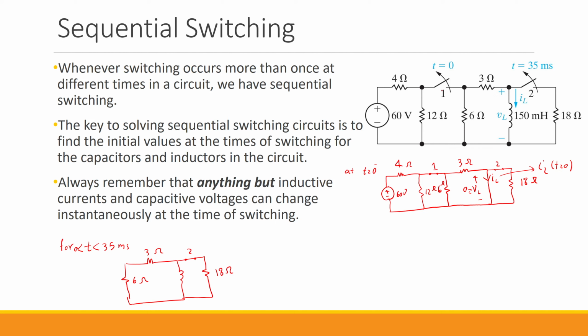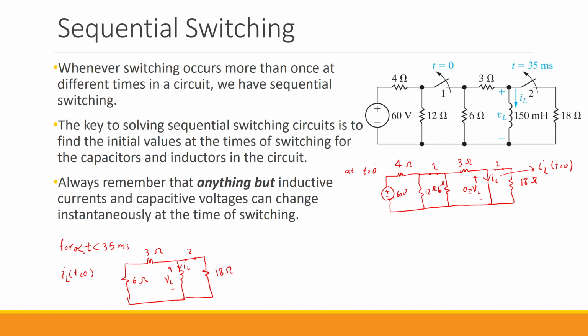By opening the first switch, this part of the circuit is now eliminated. So we again have VL and IL, but to solve this we need to know the initial current at time t equals 0, and we should be able to solve this.